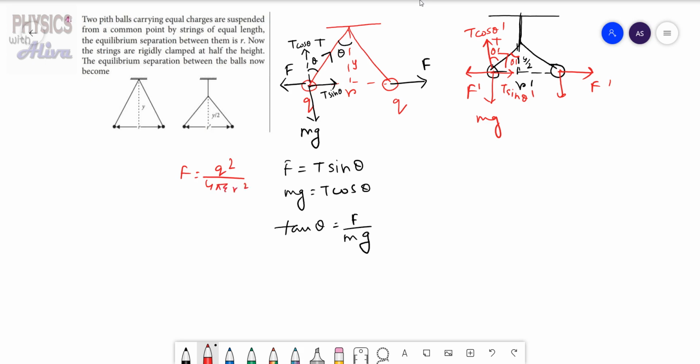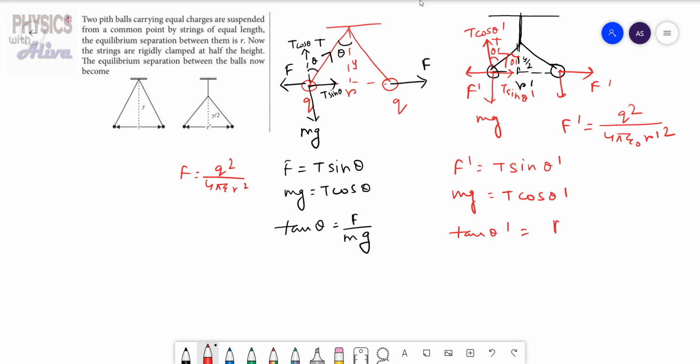But now the distance is r dash. So now the force is equal to Q square by 4 pi epsilon naught r dash square, right? So from here we can write that F dash is equal to T sin theta dash and mg is equal to T cos theta dash. So by dividing these two equations we will get that tan theta dash is equal to F dash by mg.